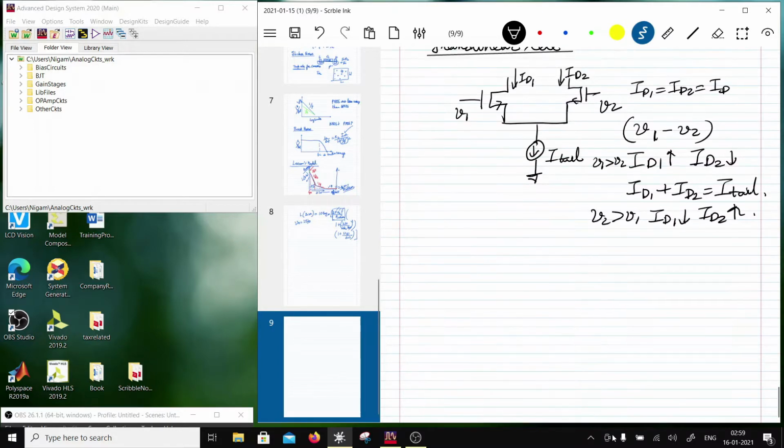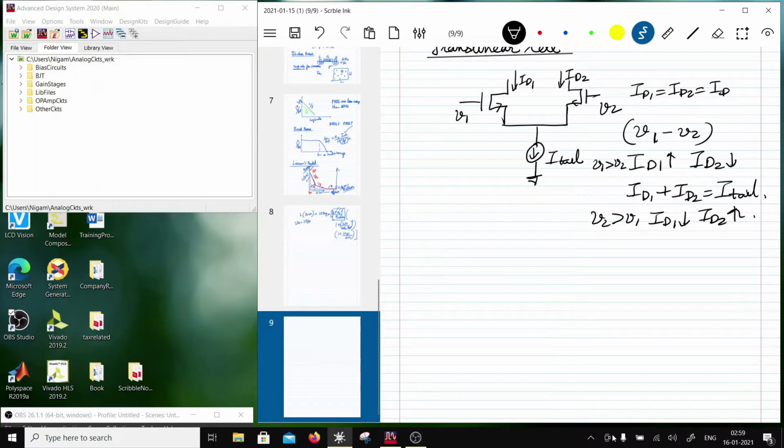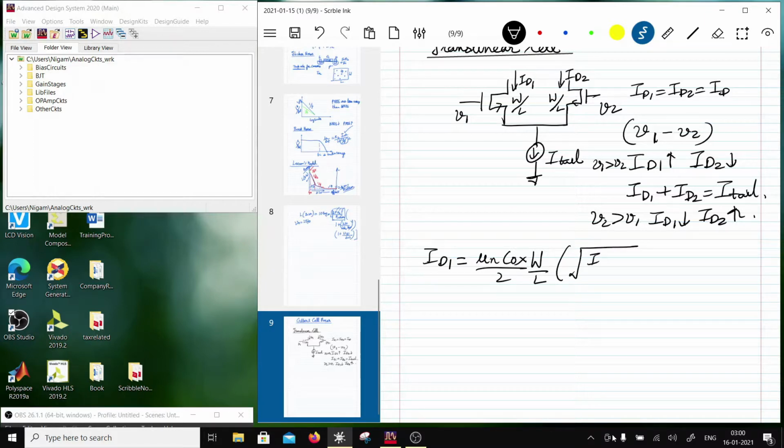Now let us write down the equations for ID1 and ID2. These ID1 and ID2 are going to be large signal variations, so we would write a large signal equation for this. ID1 is going to be equal to mu n Cox by 2 W by L, let's say each one has a size of W by L, into square root of I tail.